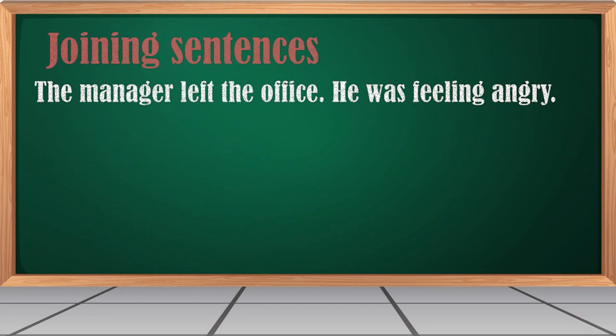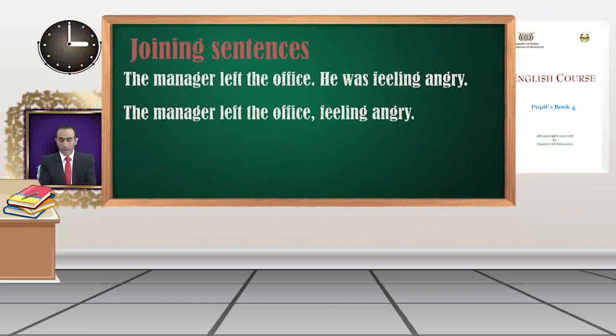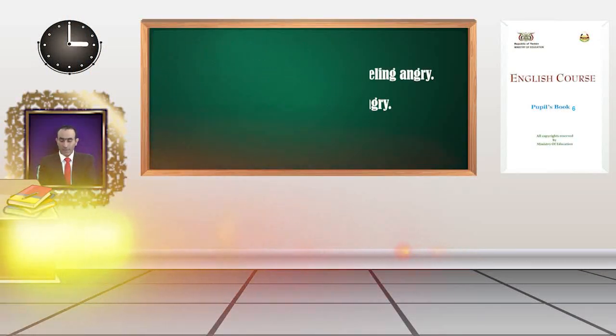So it should be: the manager left the office feeling angry. So he and was from the second sentence are left out, and we start with the verb, then add the ing form.